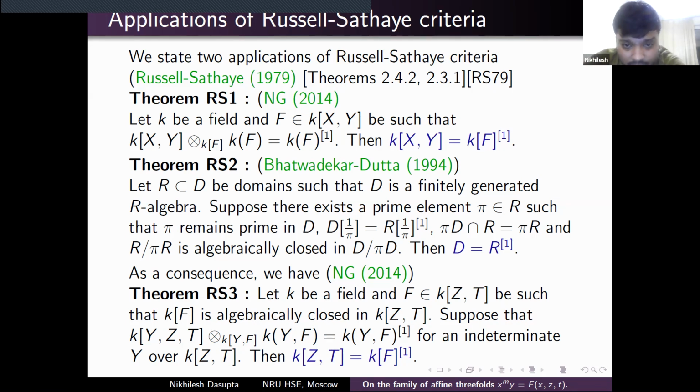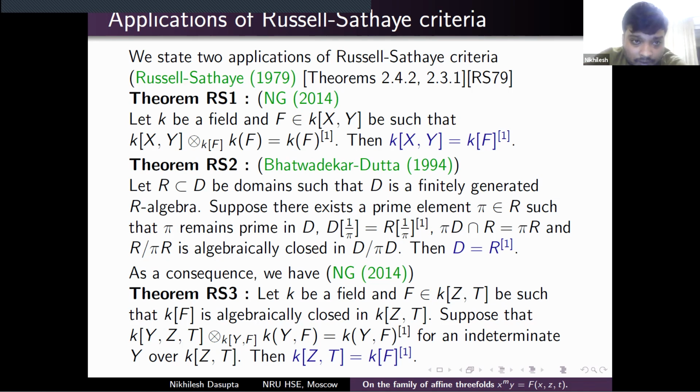If I invert pi, D is a polynomial algebra over R in one variable. Also, pi D intersection R is pi R. This means the map from R mod pi R to D mod pi D is injective, and R mod pi R is algebraically closed in D mod pi D. If you have all these conditions, then D is a polynomial algebra over R in one variable. So these are techniques to prove something is a polynomial algebra over a subalgebra.